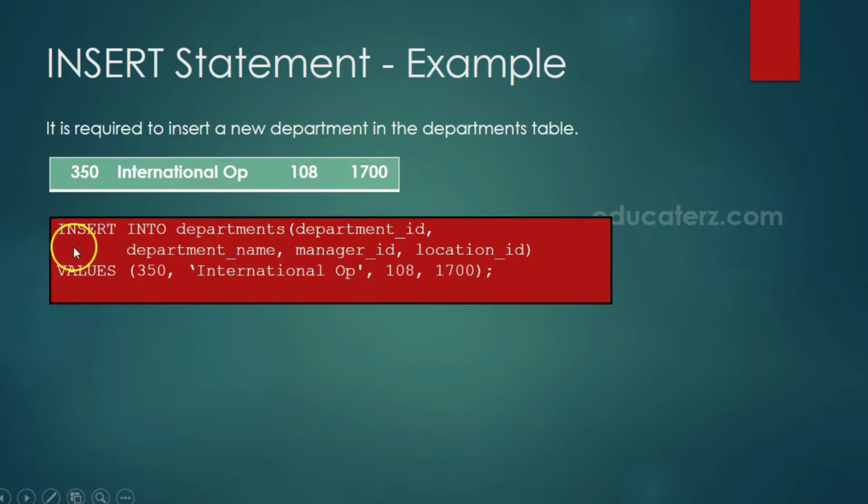We use this statement: insert into departments, and we also list the column names: department ID, department name, manager ID, and location ID. These are the column list. In the values clause, we have 350, International Op, 108, 1700. So department ID will take 350, department name will take International Op, manager ID is 108, and location ID is 1700.